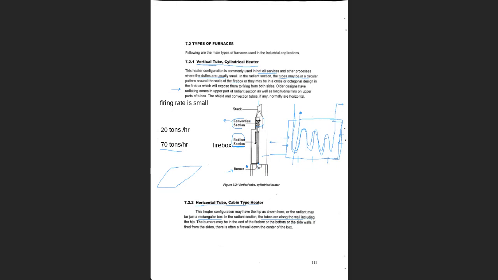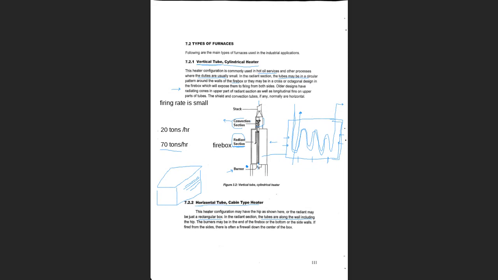So let's try to imagine how it looks like. This is a furnace. You will see that the tubes are arranged horizontally like so, and none of them are at the center. Most of them will be next to the wall.